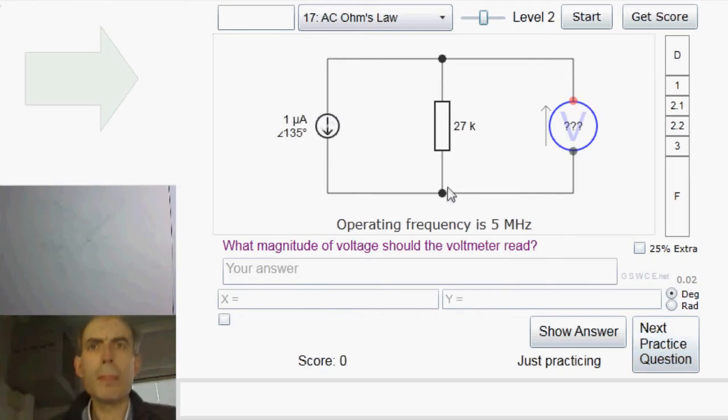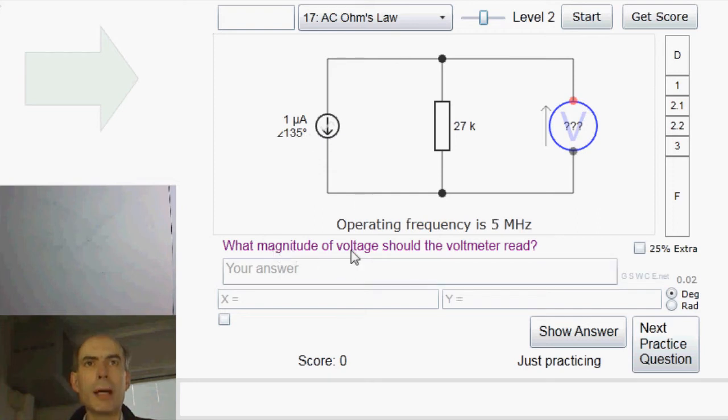Okay, this one you've got to be on your toes a bit, because the question is asking you for the magnitude of the voltage and not the actual voltage as a phasor. So the phase is irrelevant here.